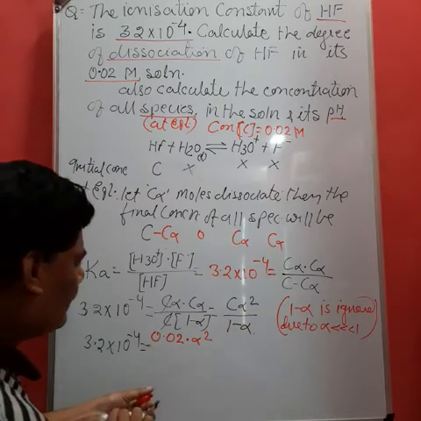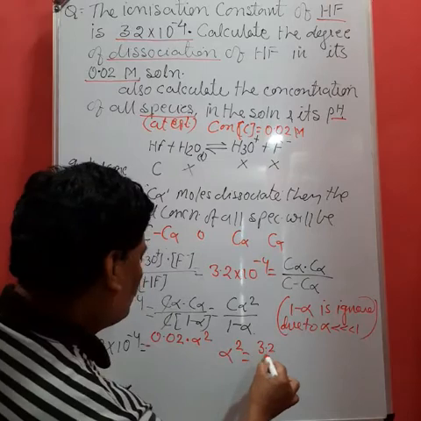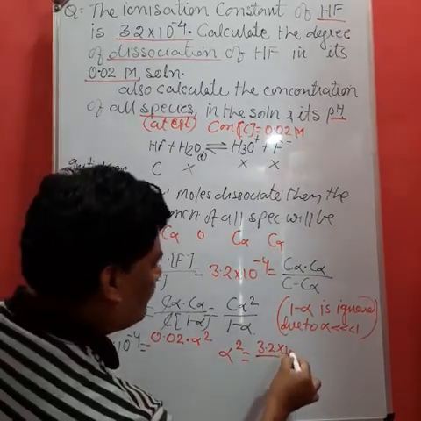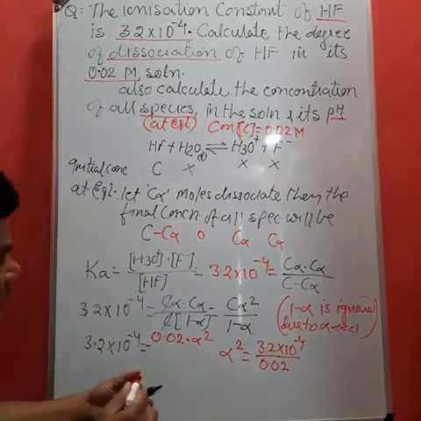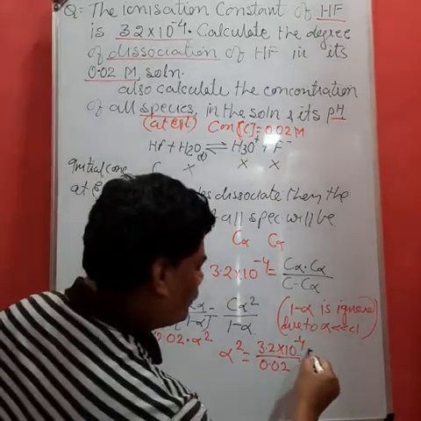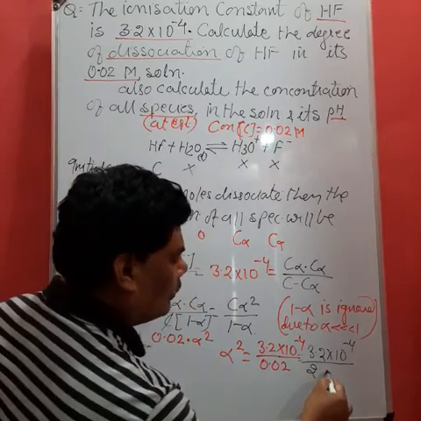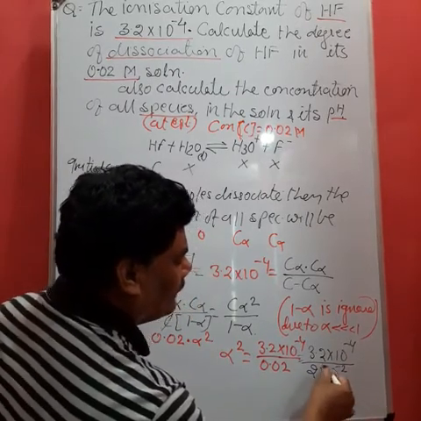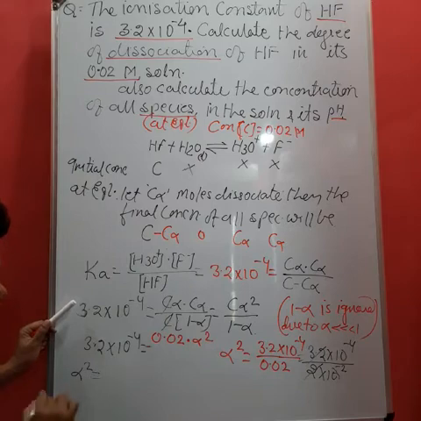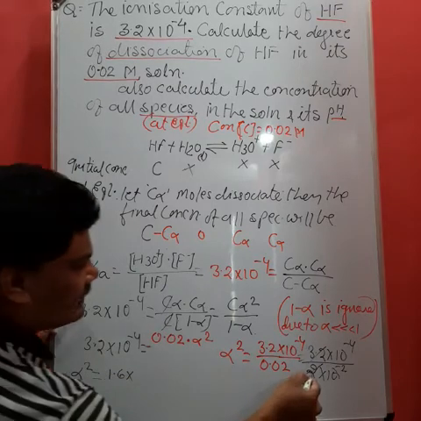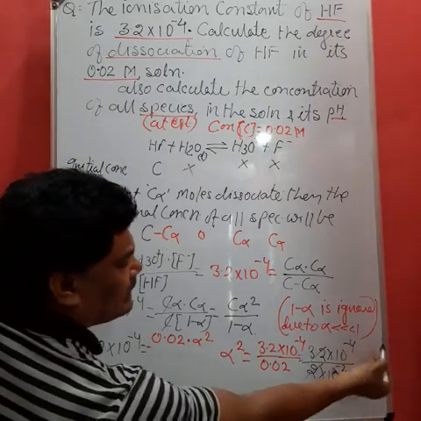Therefore alpha square is equal to 3.2 × 10^-4 divided by 0.02, or 3.2 × 10^-4 divided by 2 × 10^-2. So alpha square is 1.6 × 10^-2.